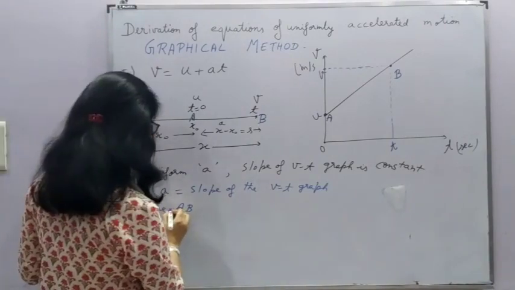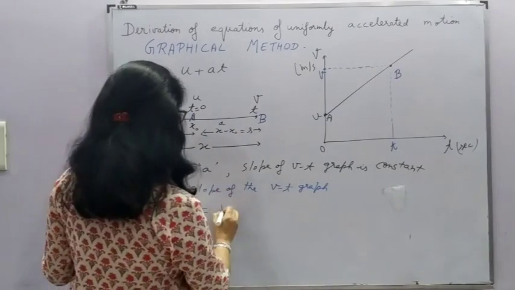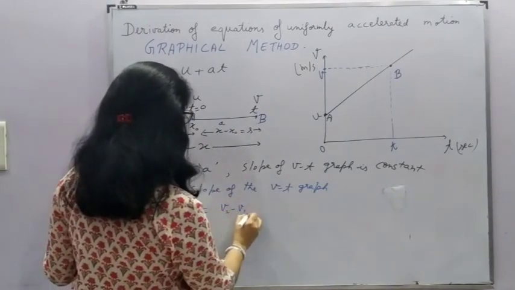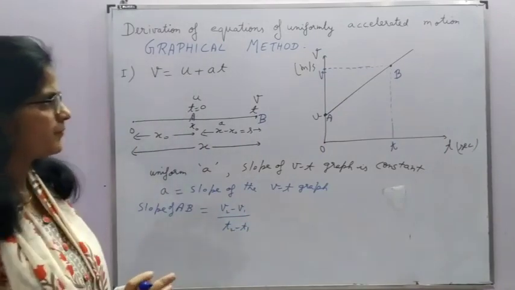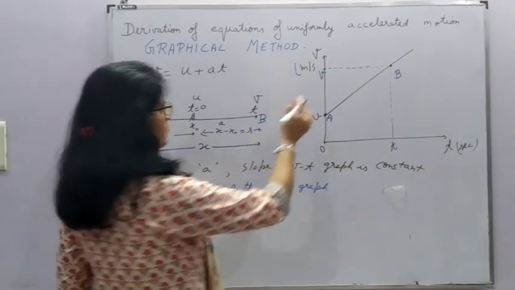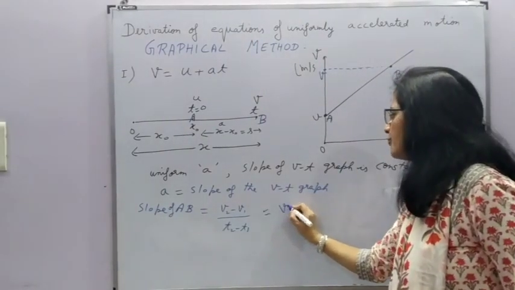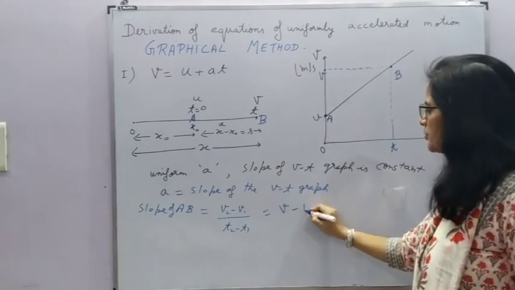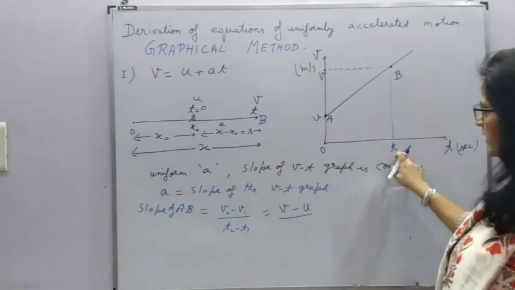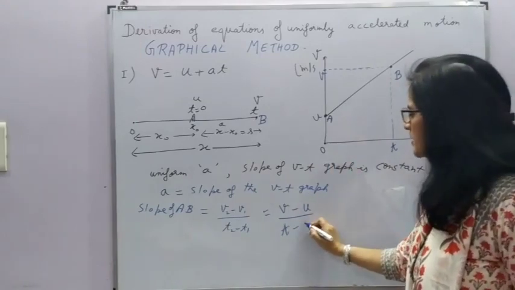The slope of AB is equal to v2 minus v1 upon t2 minus t1. We know that concept. So at point B, this position is v2, the final velocity is v, the initial velocity is u, the final time is t, and the initial time is 0.